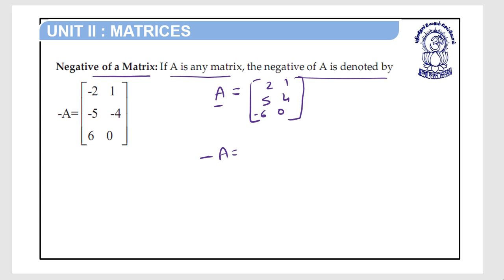Now take the negative of A. Minus A is equal to, put the minus sign with each element: minus 2, minus 1, minus 5, minus 4, minus 6, and 0.